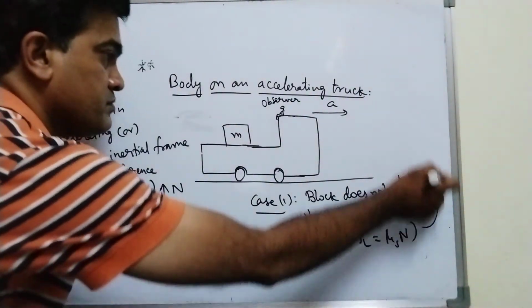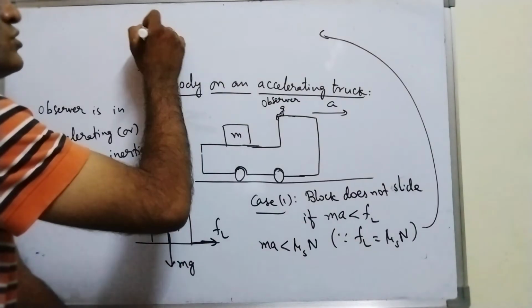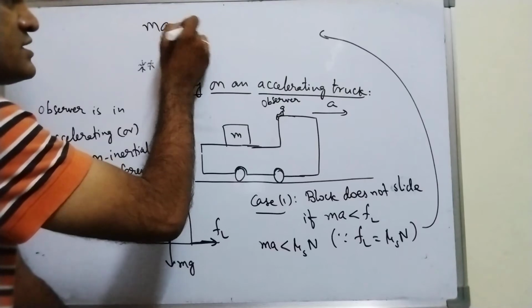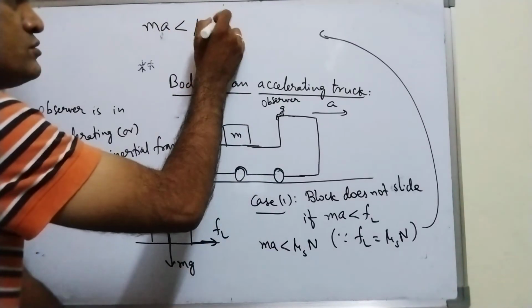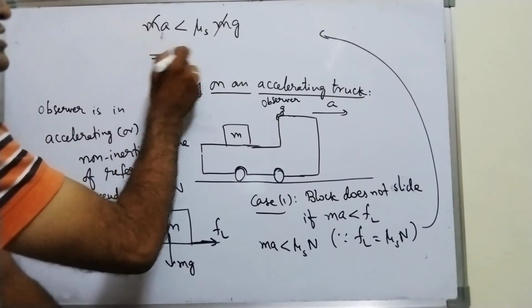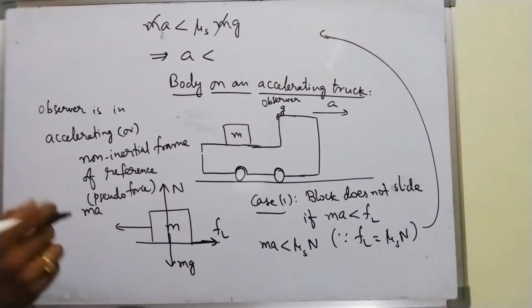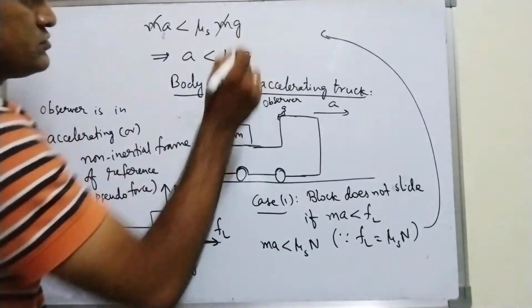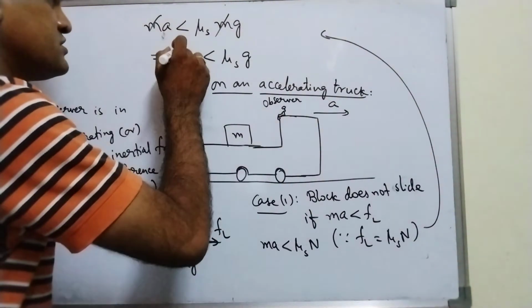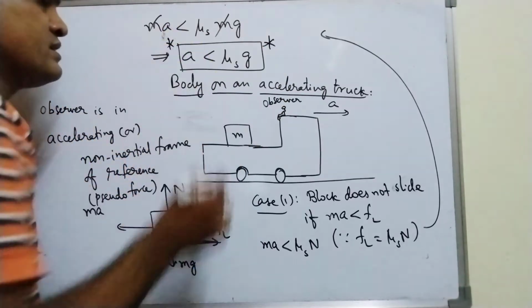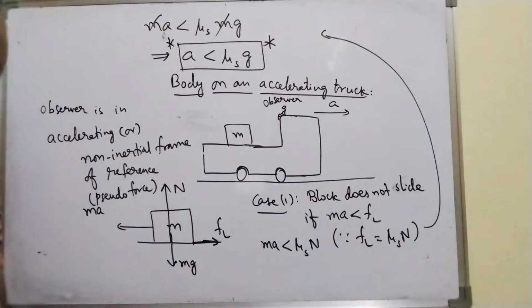So, ma is less than mu s into mg. m gets cancelled, which implies acceleration must be less than mu s into g. This is the case when the block does not slide.